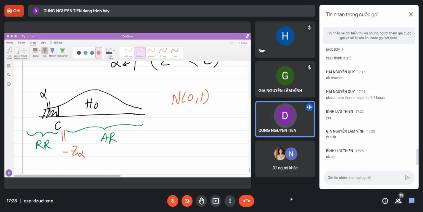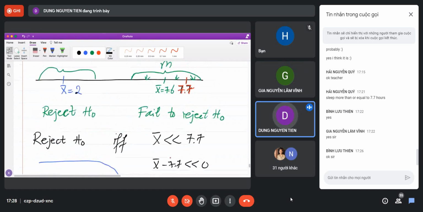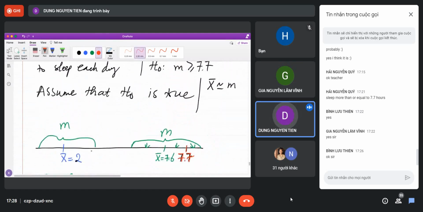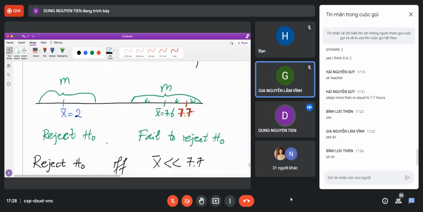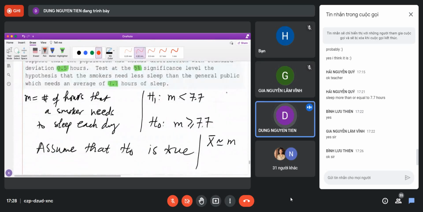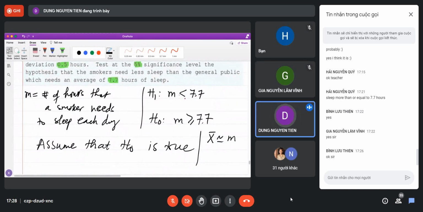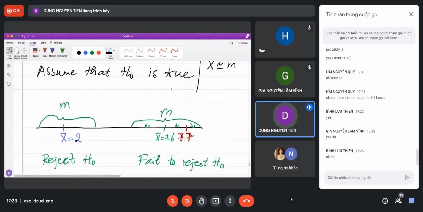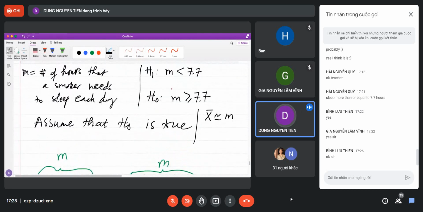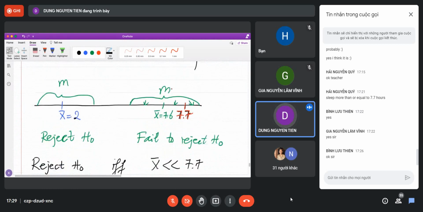Are there any questions so far? Is that all clear? Let me summarize what I just said. You have the hypothesis that m is less than 7.7 for H1, and H0 is true, and you want to know if you can say that H1 is true or not.